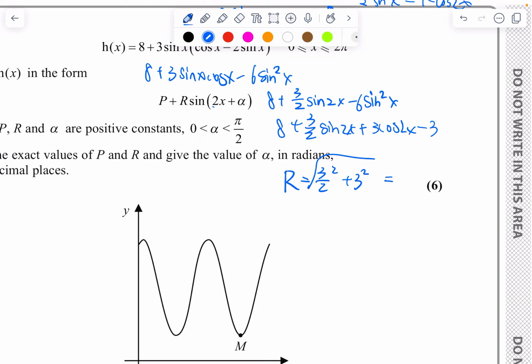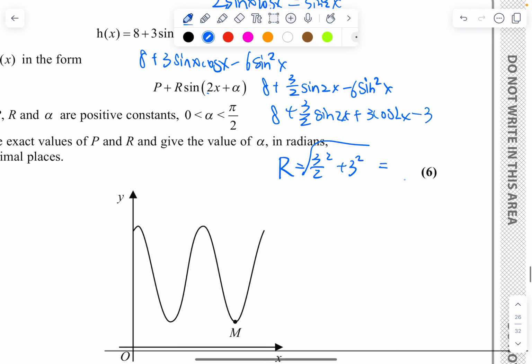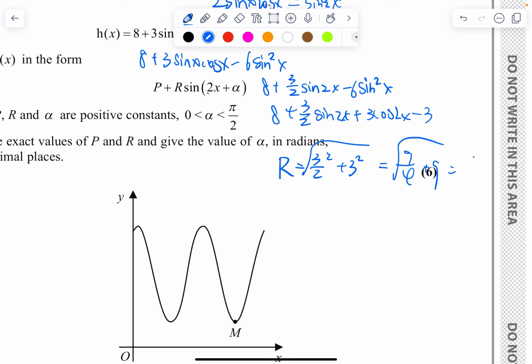And of course, you give me a numeric answer, which is not what I want. I'll just do it by hand. I'll just solve a square root by hand. 45 over 4. That means this would be 3 root 5 over 2.